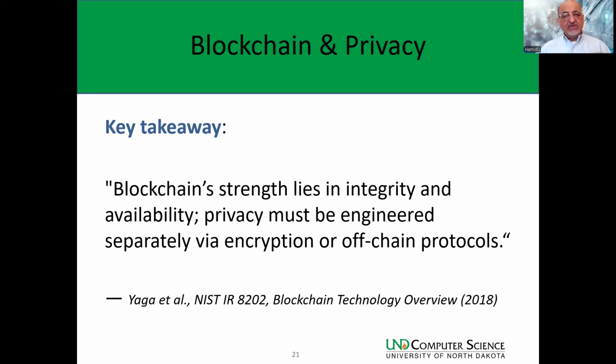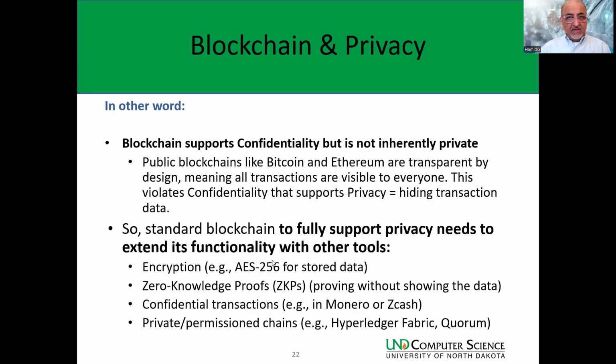So privacy, which is key for EHR, as we discussed earlier, is not inherently supported with blockchain. So that's very important. Just keep that in mind. In other words, blockchain supports confidentiality, but it's not inherently private. To fully support privacy, blockchain needs to also integrate with other tools such as encryption.